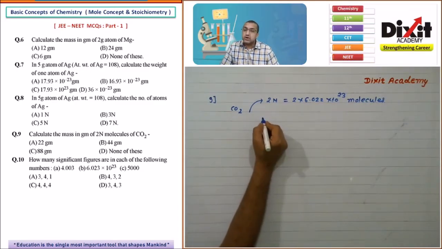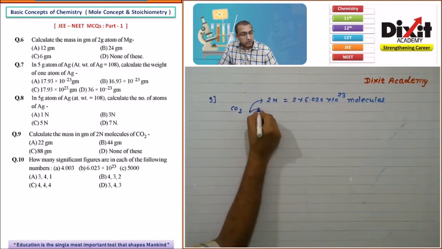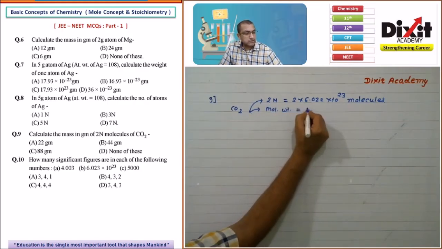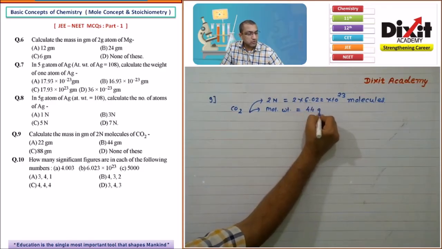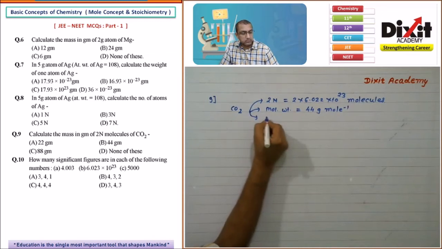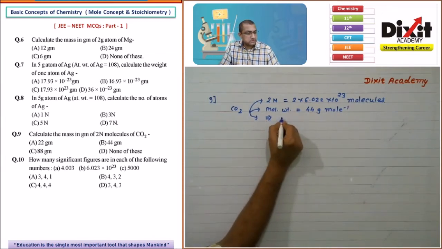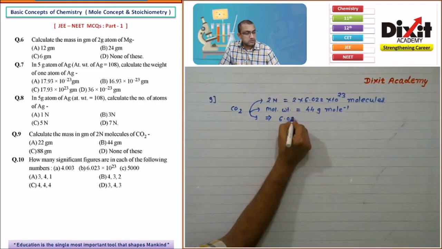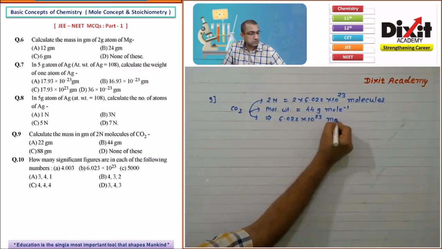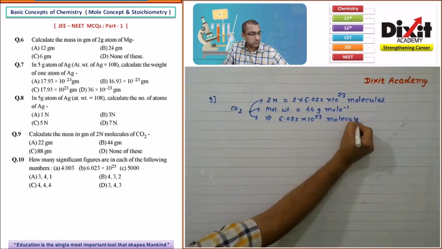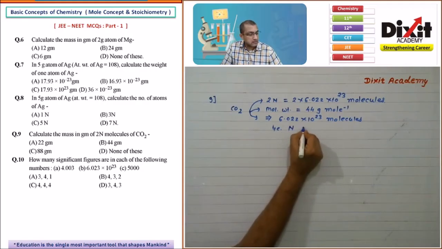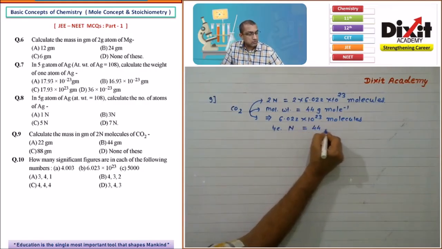This n stands for Avogadro number. Now for carbon dioxide, molecular weight is equal to 44 gram per mole. This means 6.022 into 10 raised to 23 molecules, that is n, will weigh 44 grams.